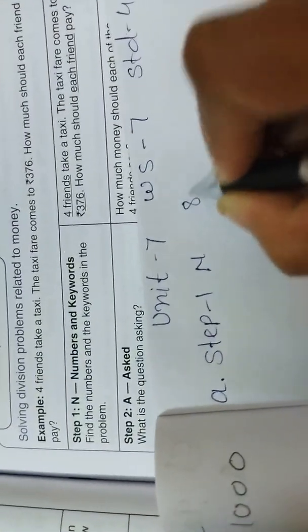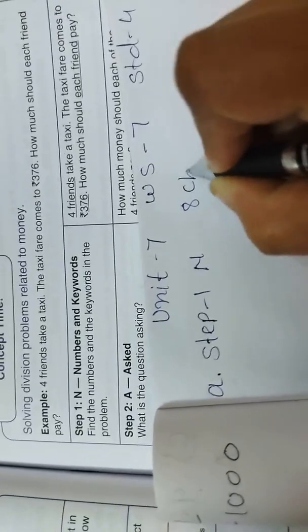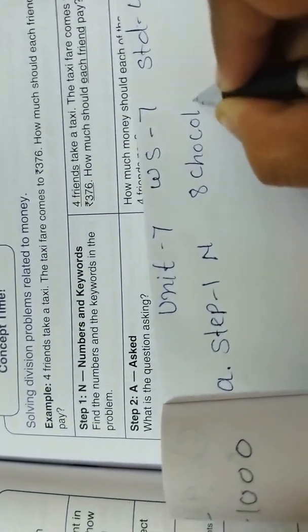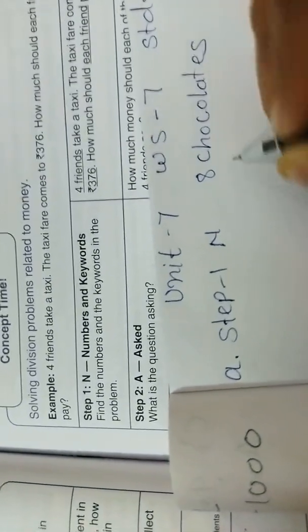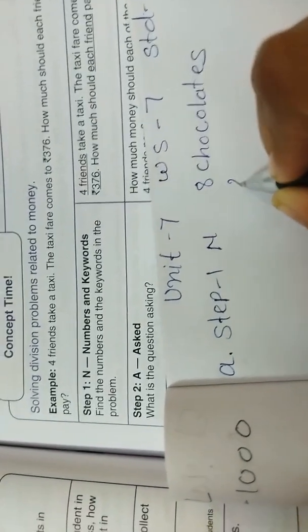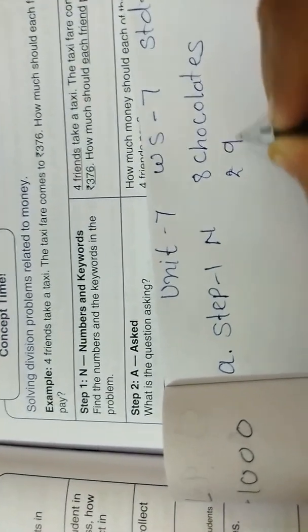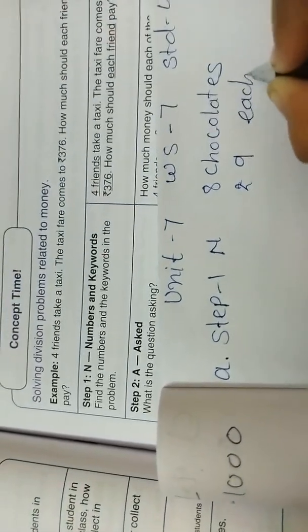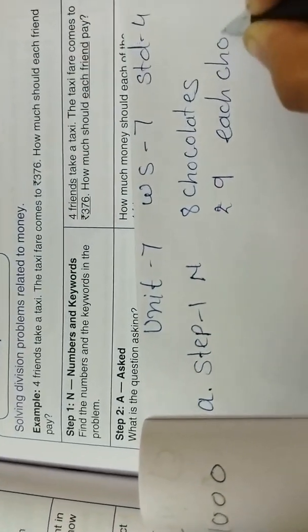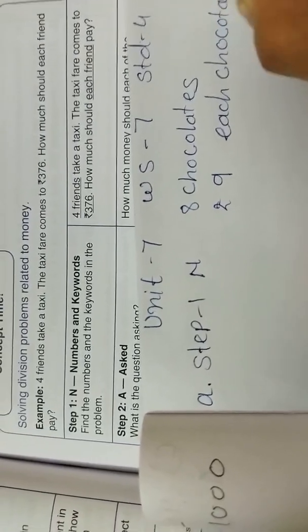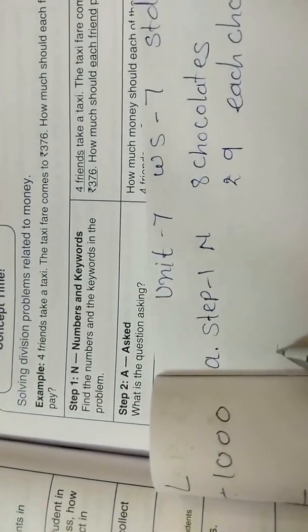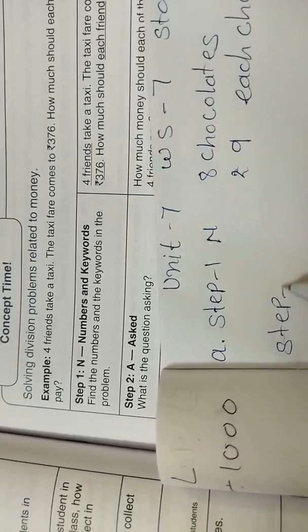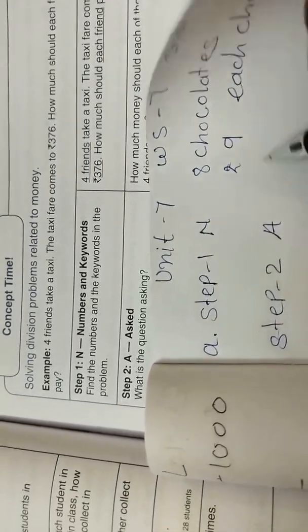Step number 1. We have to find numbers and keywords. So here 8 chocolates, 9 rupees, 8 chocolates. Step number 2. Ask what they are asked.